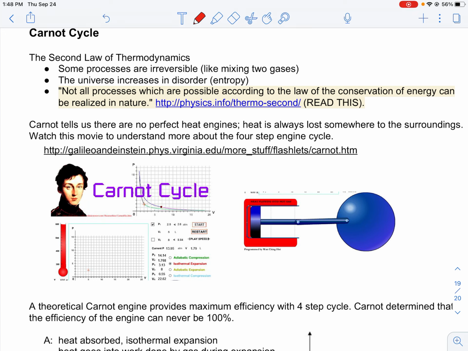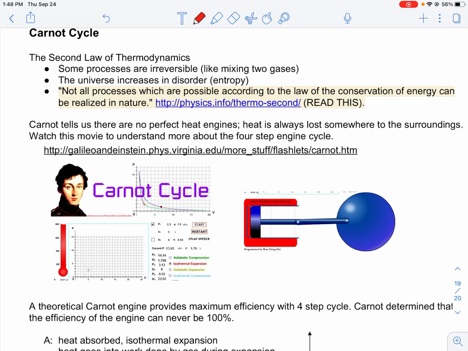Okay, finally, we want to take a minute to talk about something called the Carnot Cycle. And Carnot basically, because of the second law of thermodynamics, which says that some processes are irreversible and that the universe increases in disorder, says that not all processes that are possible according to the law of conservation of energy can be realized in nature. And the scientist named Carnot tells us that there can be no perfect heat engines.